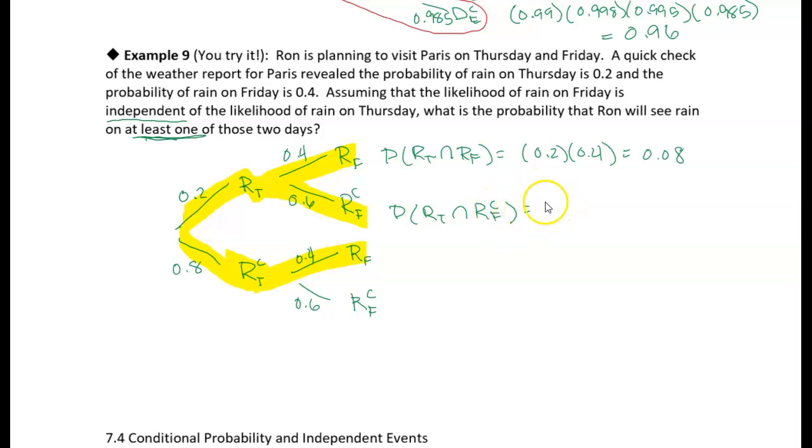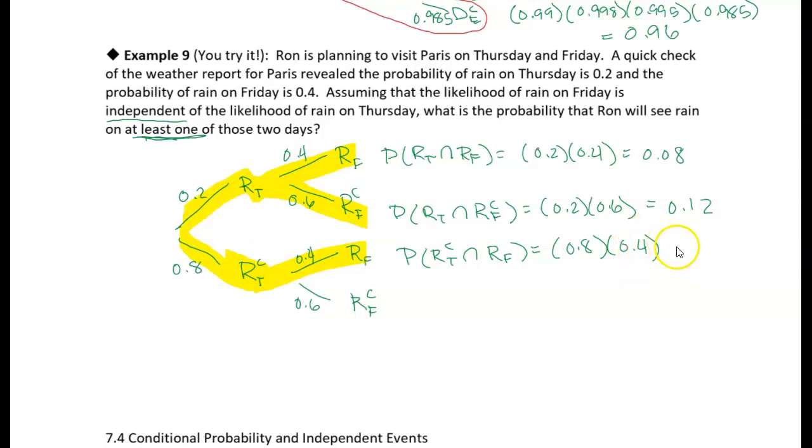That's just going to be multiplying the probabilities down the branches. 0.2 times 0.6, we get 0.12. The probability of no rain on Thursday and rain on Friday is just going to be 0.8 times 0.4, okay, which gives me 0.32.